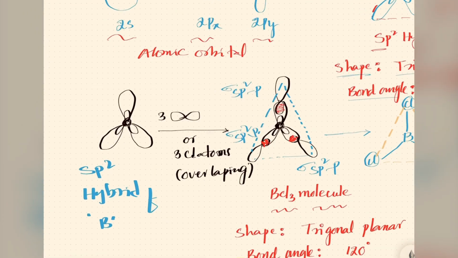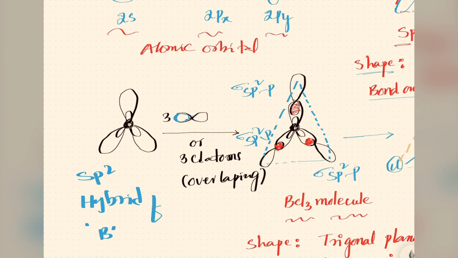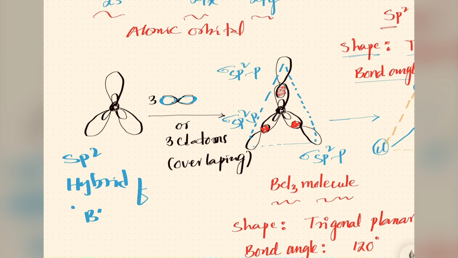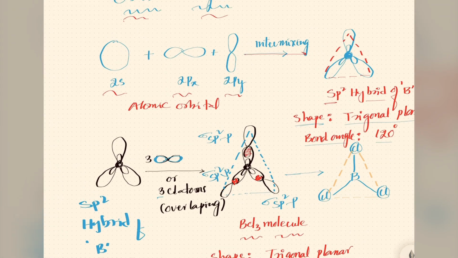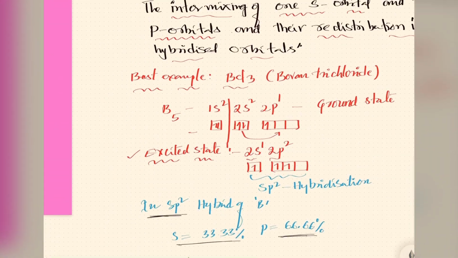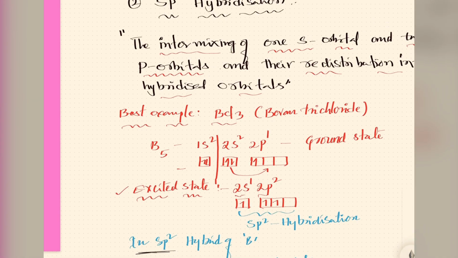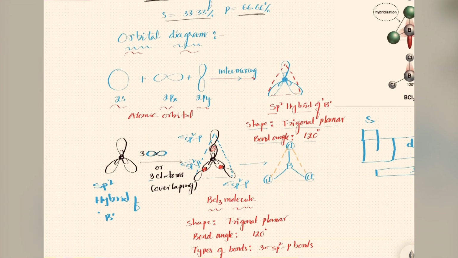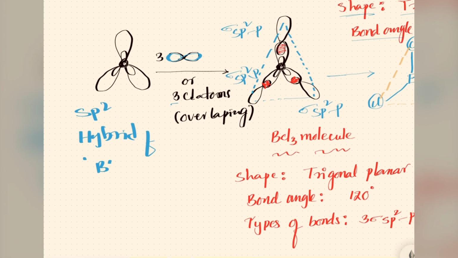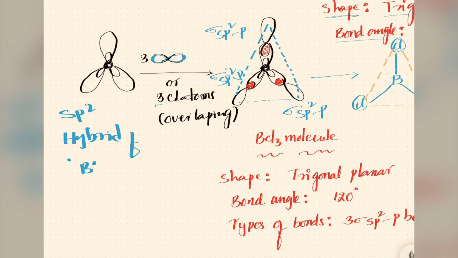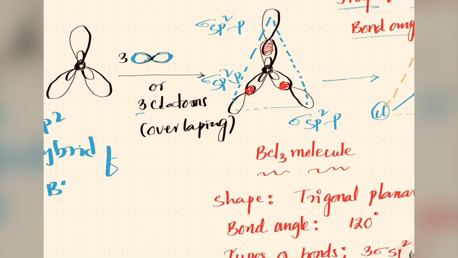That's why we are mentioning it here; you can see this is the symbol of a p orbital. How many chlorine atoms are we taking here? Three. Why? We are taking the example of BCl3, so BCl3 contains 3 chlorine atoms. These chlorine atoms now overlap with the sp2 hybrid of boron, and we get this type of molecule, that is boron trichloride.